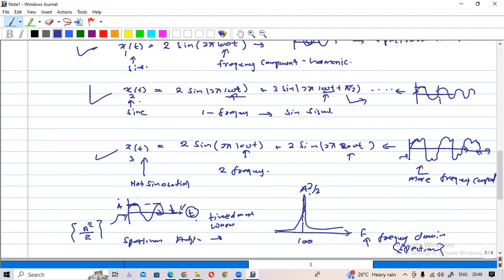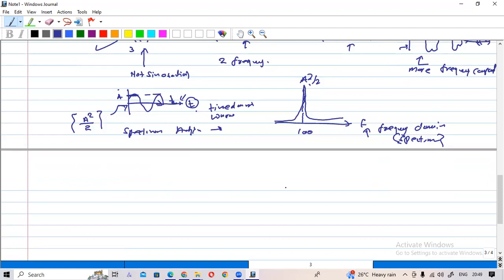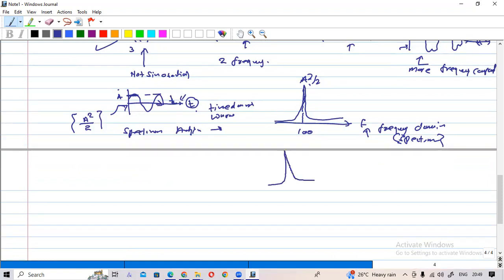Okay, so if you consider this signal, you will see the same type of spectrum, but this power value will be changed. Now the new signal amplitude is A squared divided by 2. This is the second signal spectrum.